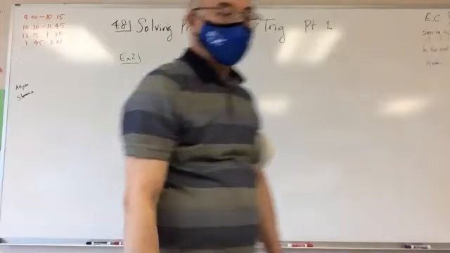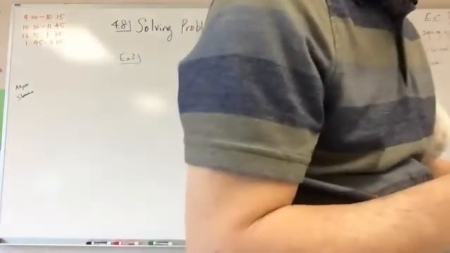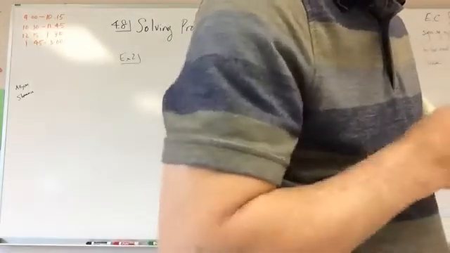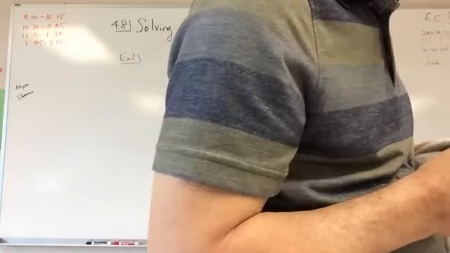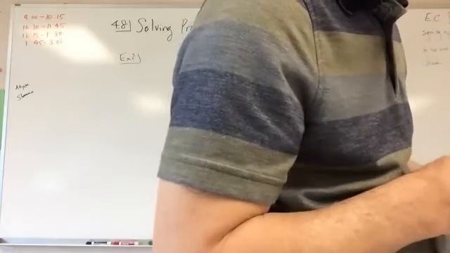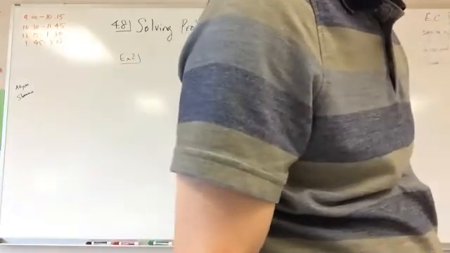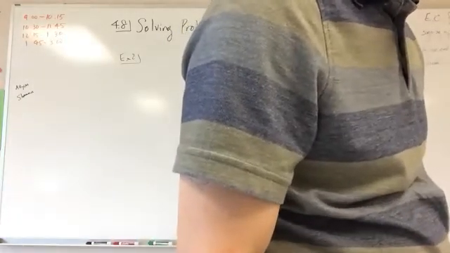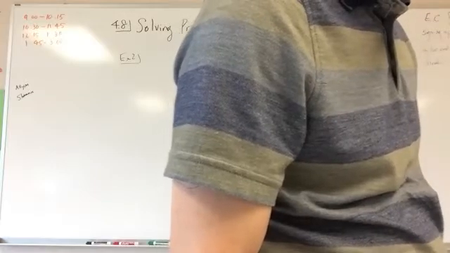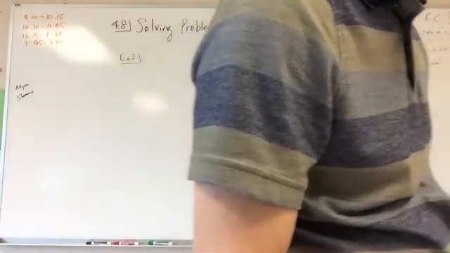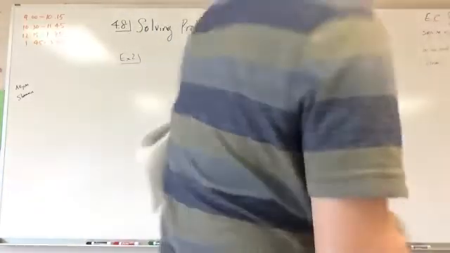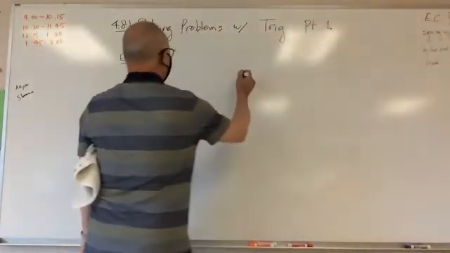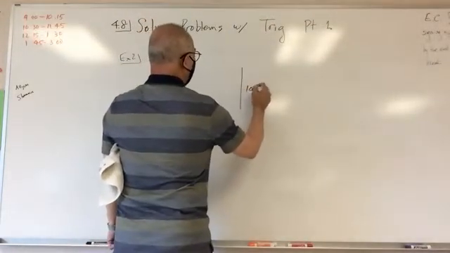From the top of a 100-foot tall building, a man observes a car moving towards the building. If the angle of depression of the car changes from 22 degrees to 46 degrees during the period of observation, how far does the car travel? So I have a 100-foot tall building.